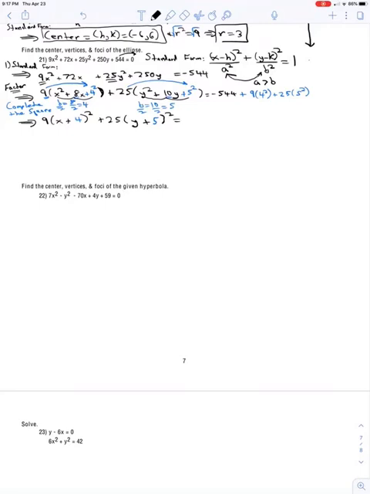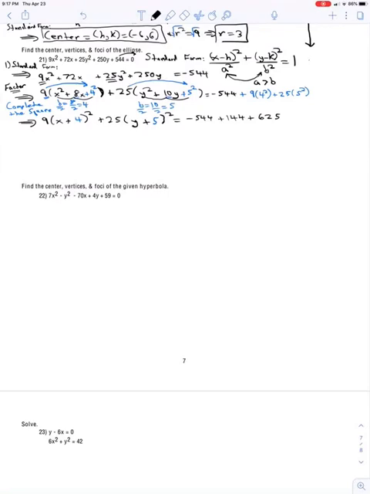We have negative 544, plus 9 times 4 squared, which is 9 times 16, or 144. So plus 144, plus 25 times 5 squared. 25 times 5 squared is 25 times 25, which will give you 625.